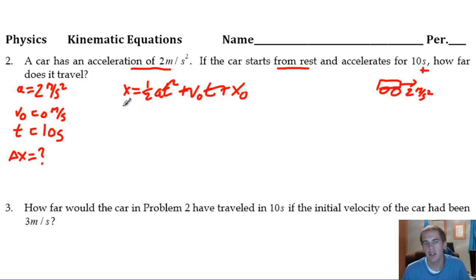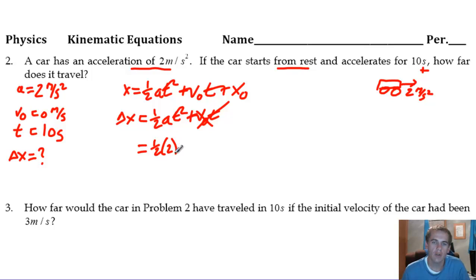If I subtract that x naught over to the other side, I can say that delta x equals 1/2 at squared plus v naught t. Well, this is happy because my initial velocity is 0, so that term drops out. I'm just left with 1/2 times 2 times 10 squared. Super tricky problem. This is 100 meters.